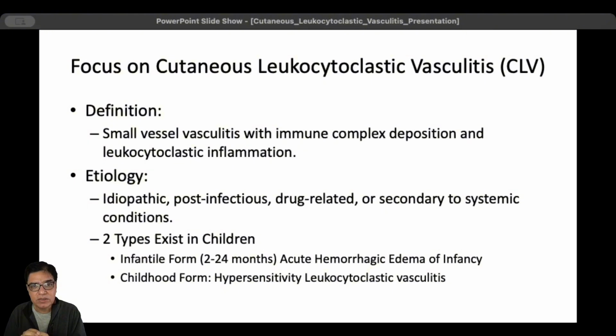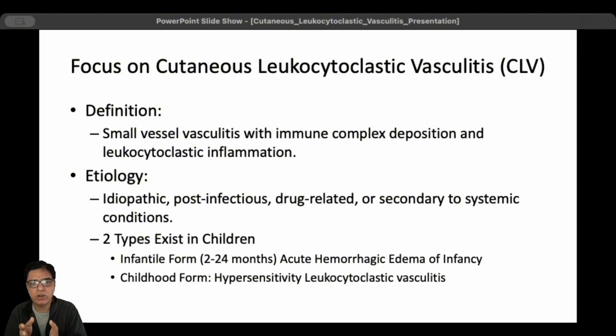Because of that destruction, there is usually fibrin dust around the cellular debris. So if we take a biopsy of the lesion, you would see fibrinoid necrosis with nuclear dust. This nuclear dust comes from the breakdown of the white blood cells, because they attack the endothelium and in the process themselves die.